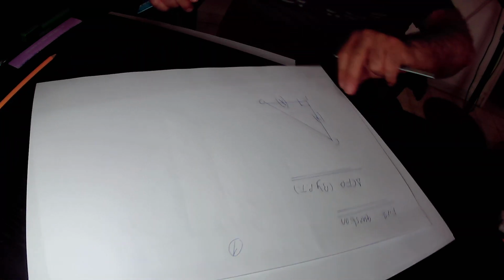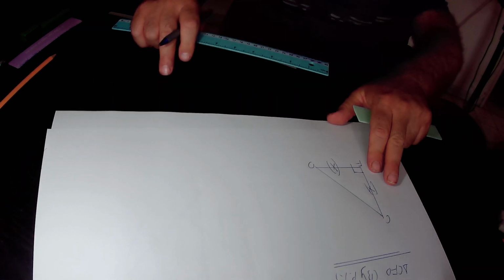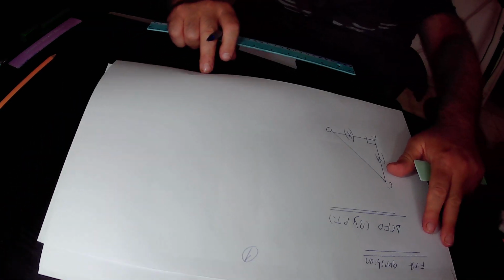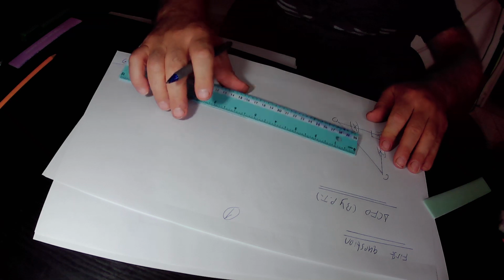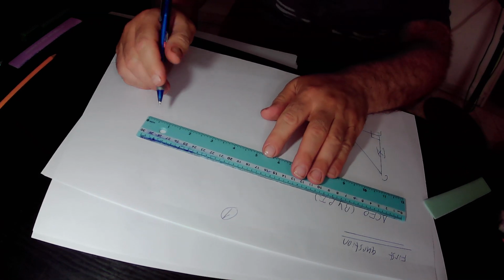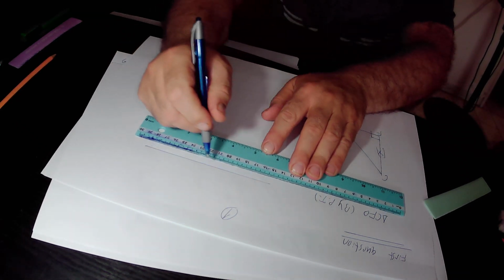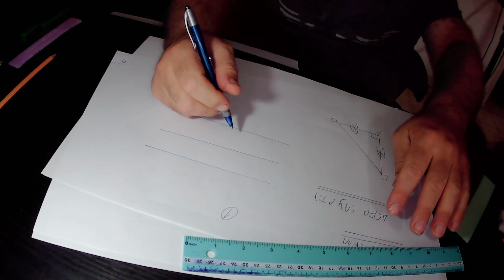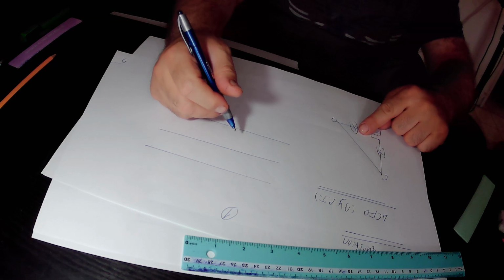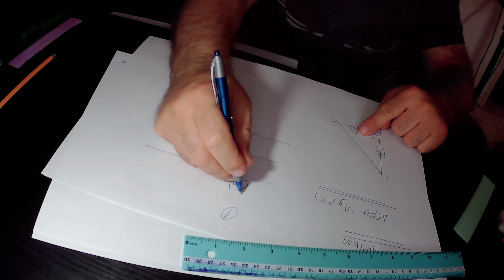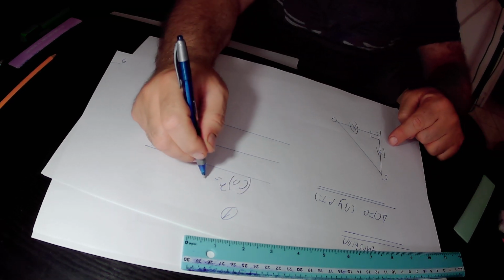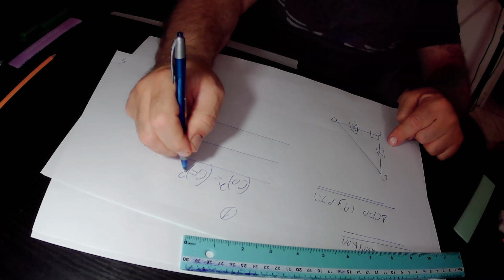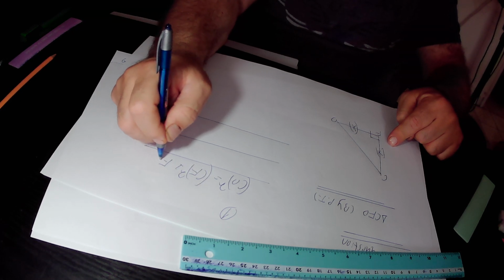So in the right triangle CFO, CO squared, the square of the hypotenuse, equals CF squared plus FO squared.